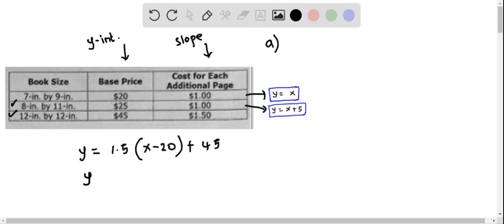So let's simplify this. 1.5 times x is 1.5x, and 1.5 times 20 equals 30. So this becomes negative 30 plus 45. 45 minus 30 is 15. Therefore the equation is y equals 1.5x plus 15. This is the equation for the third book size.